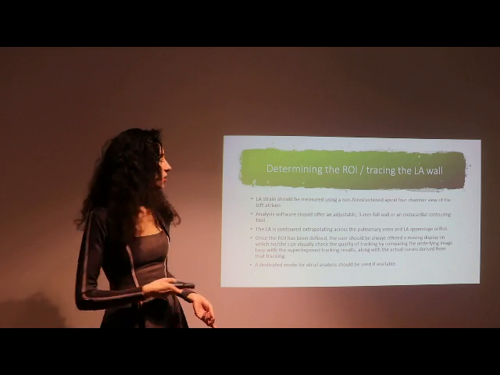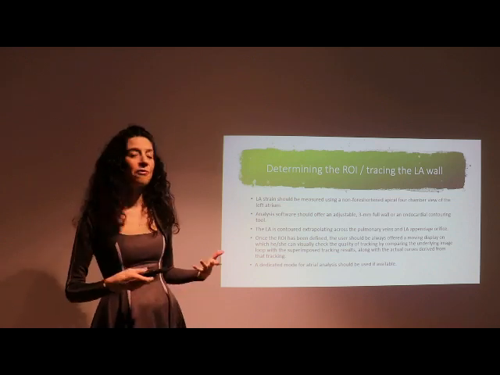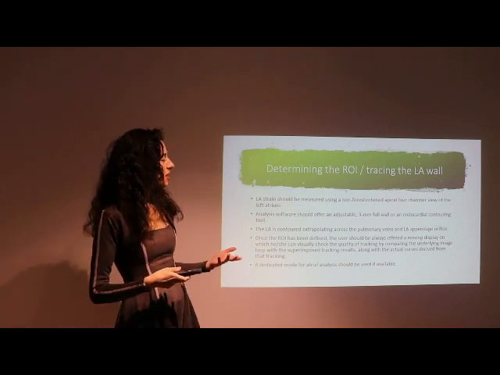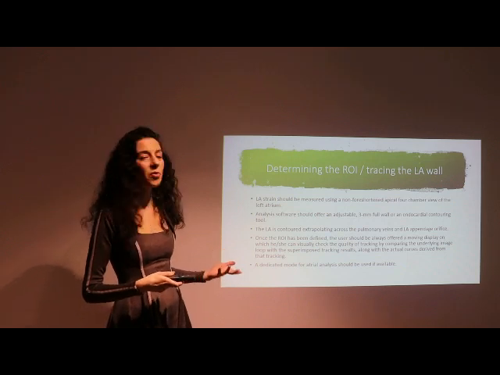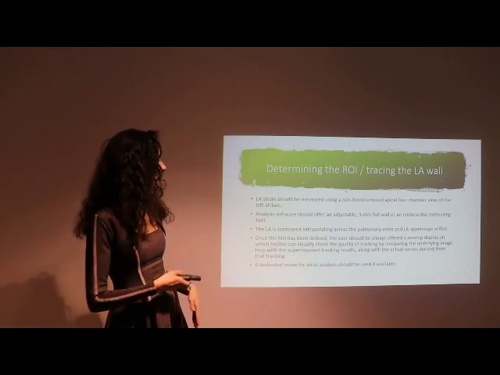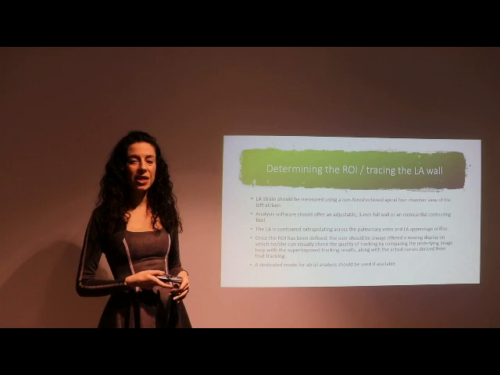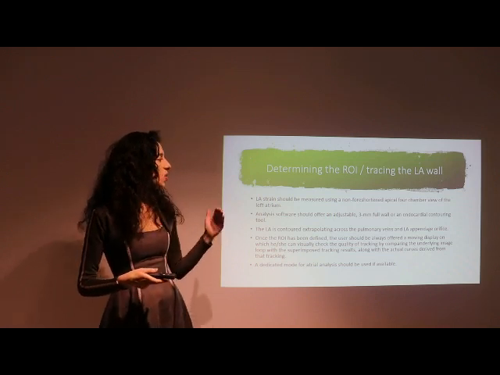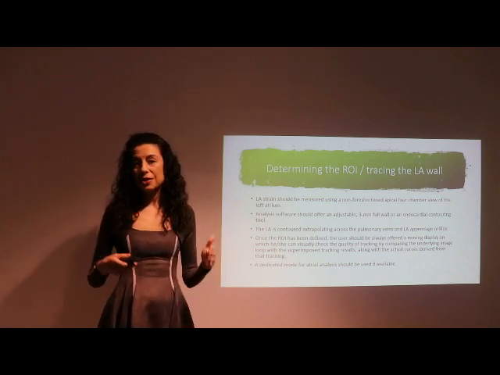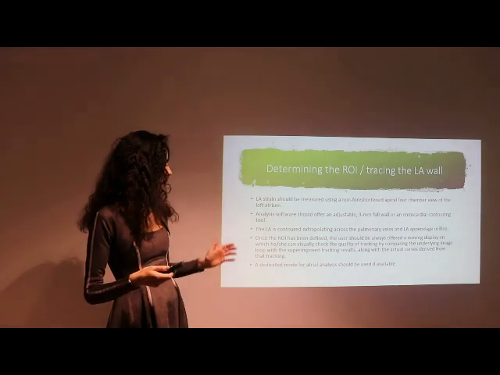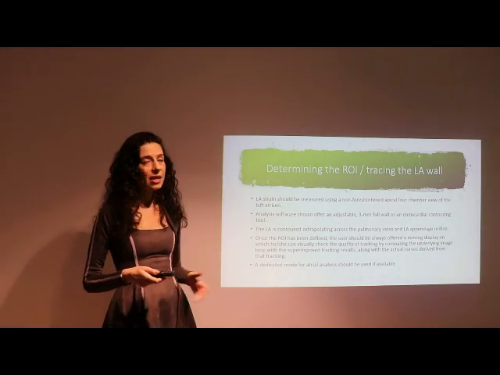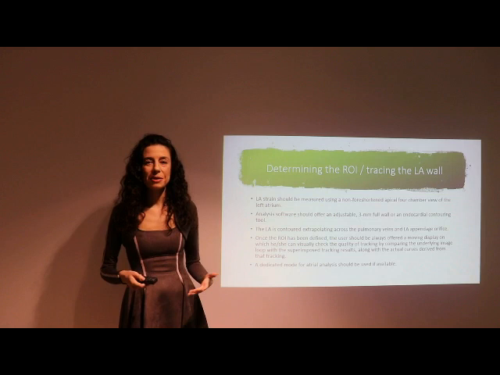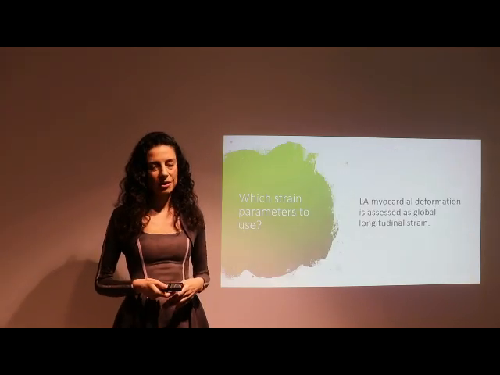Also, it is very important, once the ROI has been defined, that the user should always be offered a moving display on which she or he can visually check the quality of the tracking and adjust whenever necessary. And of course, if available, a dedicated mode should be used.